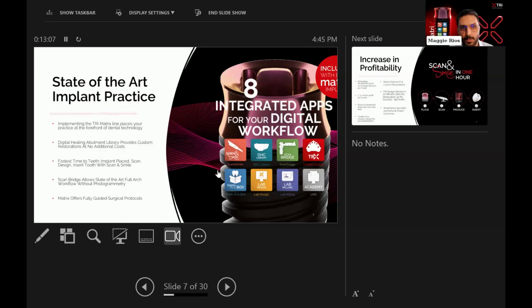But the Matrix has been developed on the digital platform. Because we are a digital company, we also offer all the integrated apps that come with it: Scan and Smile, digital healing colors. Digital healing colors is huge.